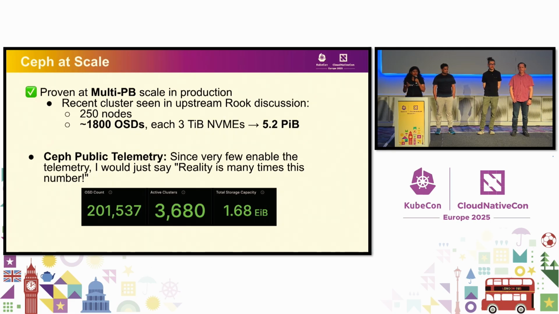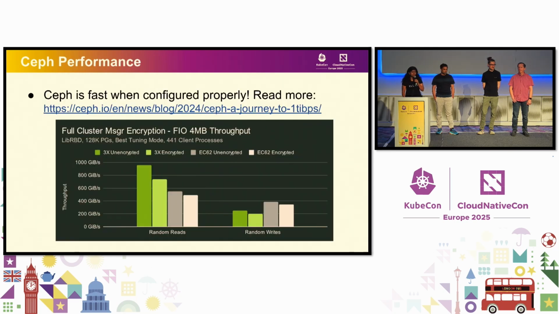And if you see the Ceph public telemetry numbers, it's already reaching exabytes. And the numbers can be many times this because few people enable public telemetry. Ceph is also very performant. If you configure it correctly, you can see the blog for more details. It's already reaching 1 terabyte per second speed as well.